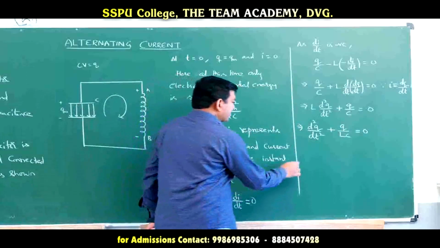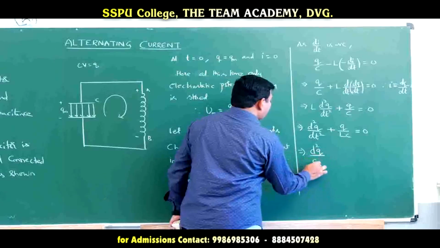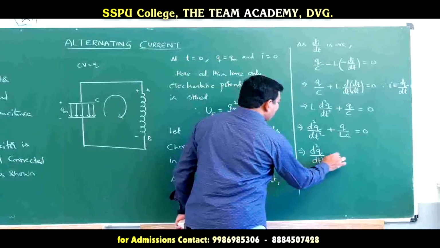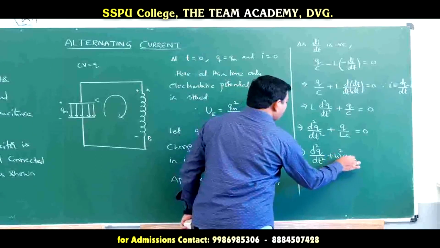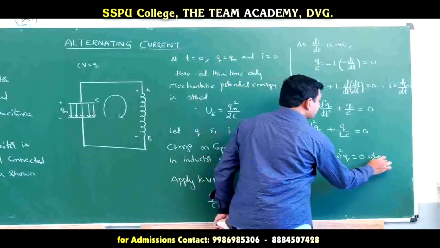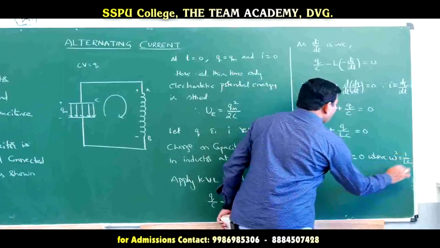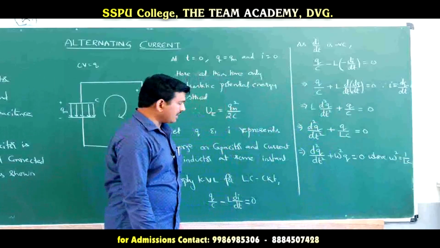So, I can write it like this: d square q by dt square plus omega square into q is equal to 0, where omega square is equal to 1 by LC, or omega is equal to 1 by root LC.